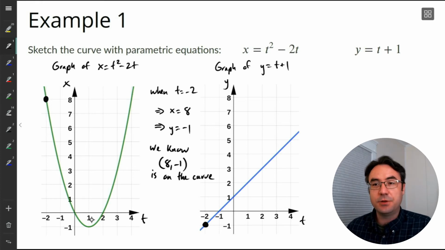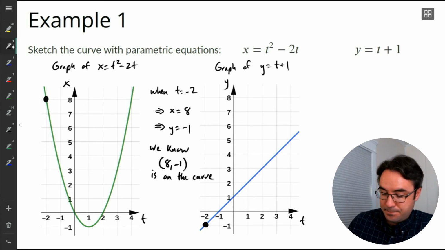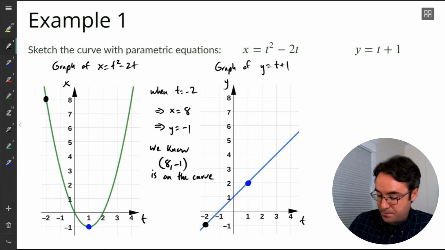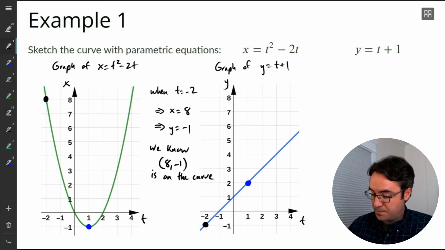So if you wanted to, you could do t equals 1, and you'd see that the x value is -1, and then at t equals 1, the y value is 2. So we get the x value is -1, and the y value is 2.